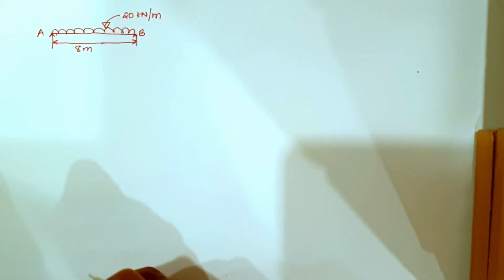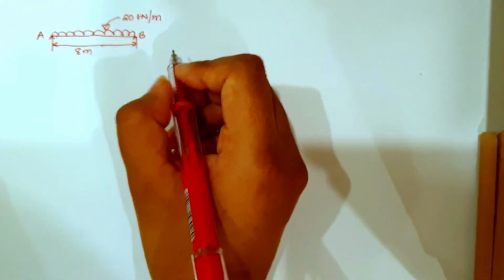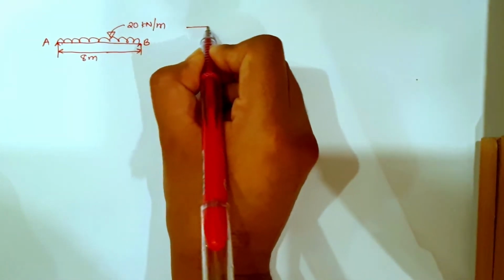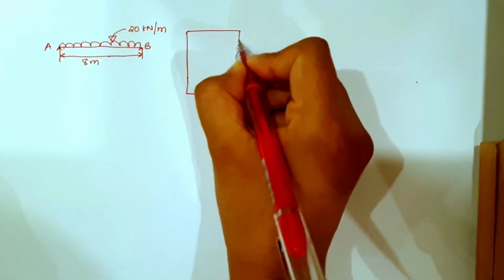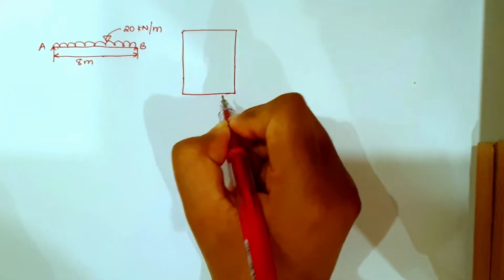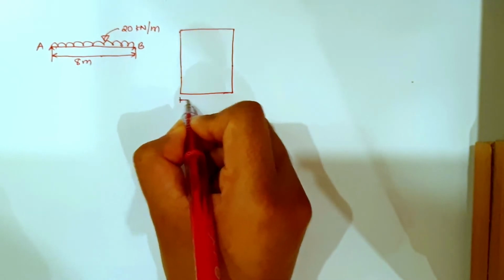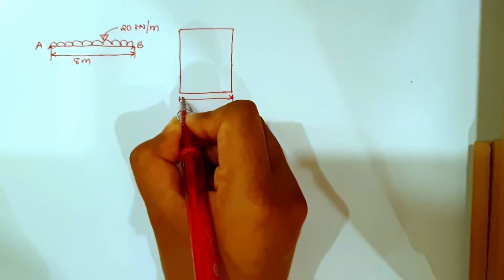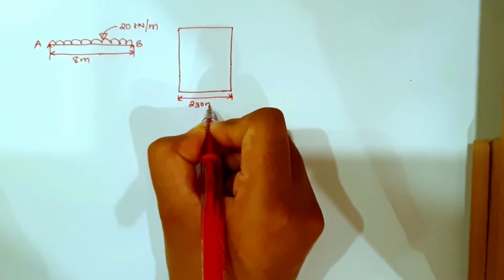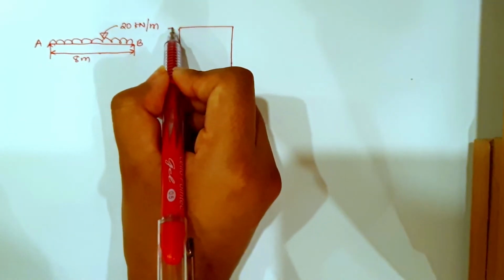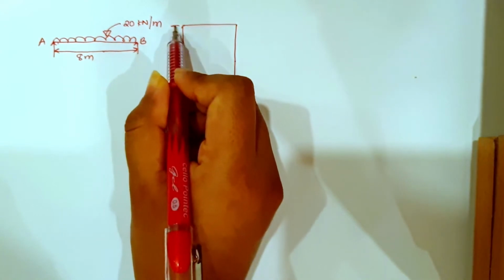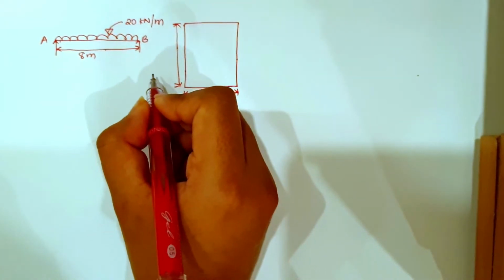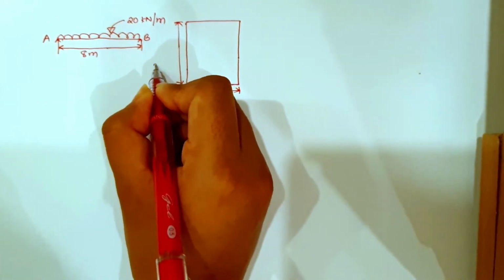The beam has a rectangular section of width 230 mm and depth equal to 350 mm.